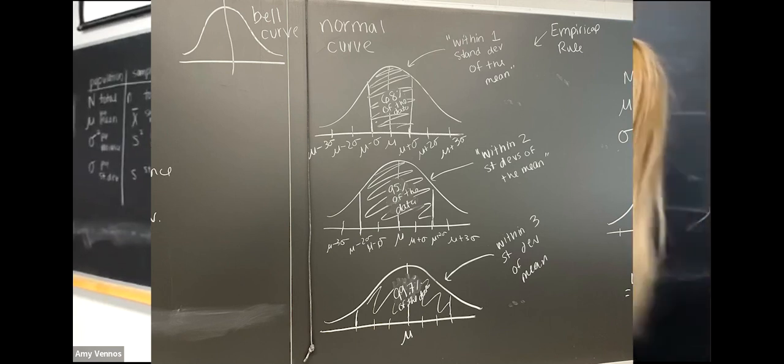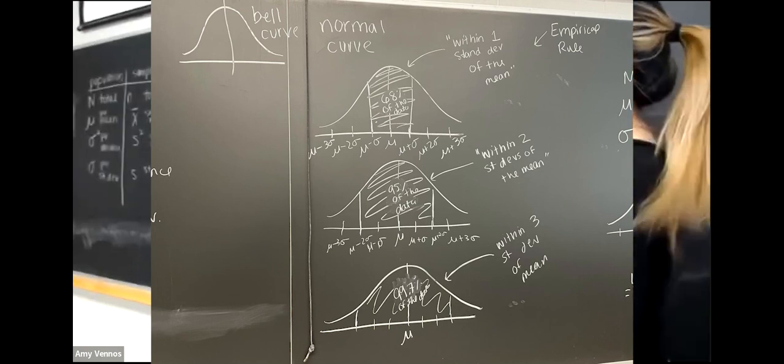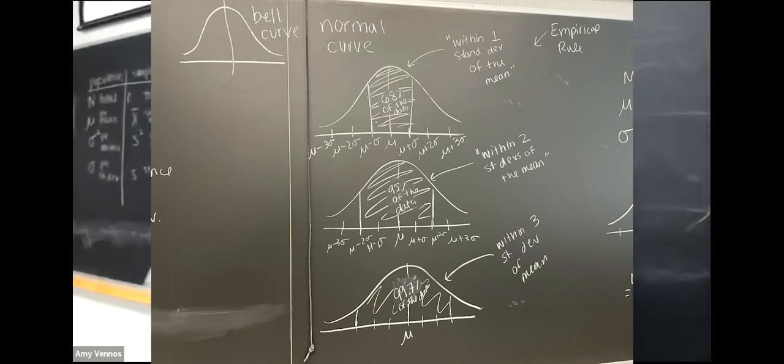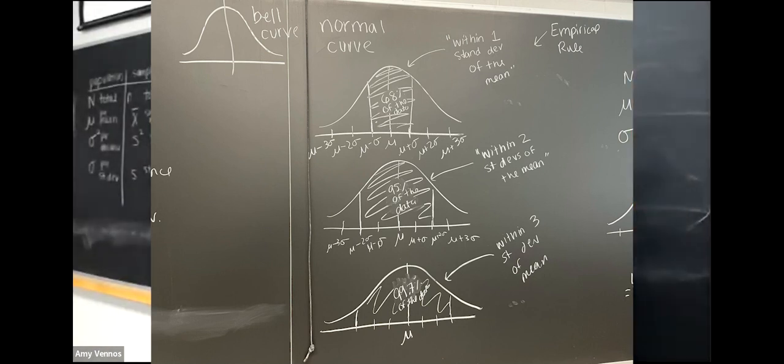What we just did here is we made what's called the 68, 95, 99.7 rule, okay? 68% is between -1 and 1, 95% between -2 and 2, and 99.7% between -3 and +3. Any questions so far?